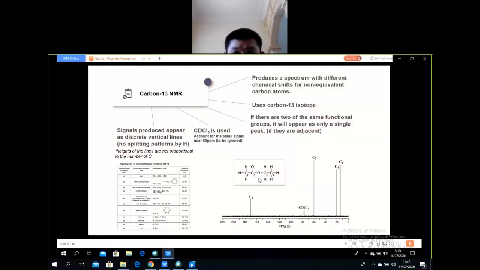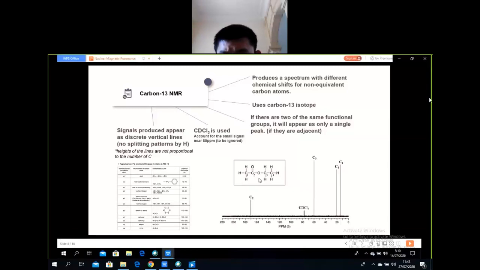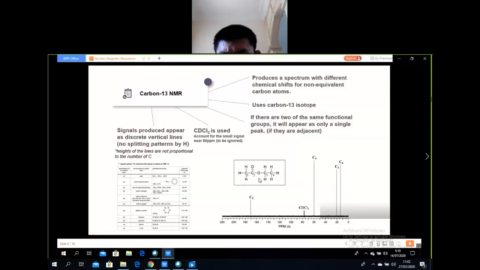This accounts for the small signal near 80 ppm. It is not at 80 ppm exactly, and it can be ignored when interpreting the spectrum. It is caused by an atom of carbon 13 in the solvent molecules. Okay, here, in this spectrum, we can see this is carbon. This corresponds to this one.